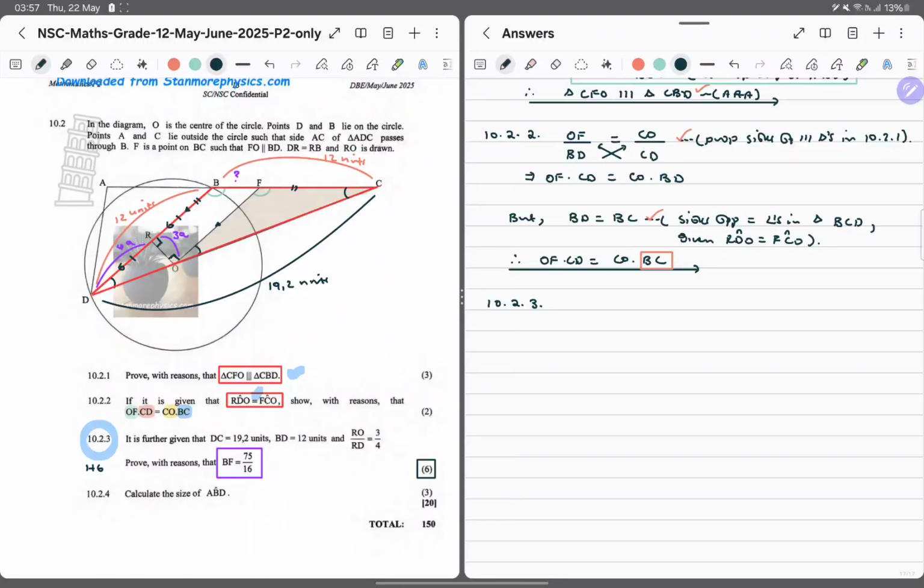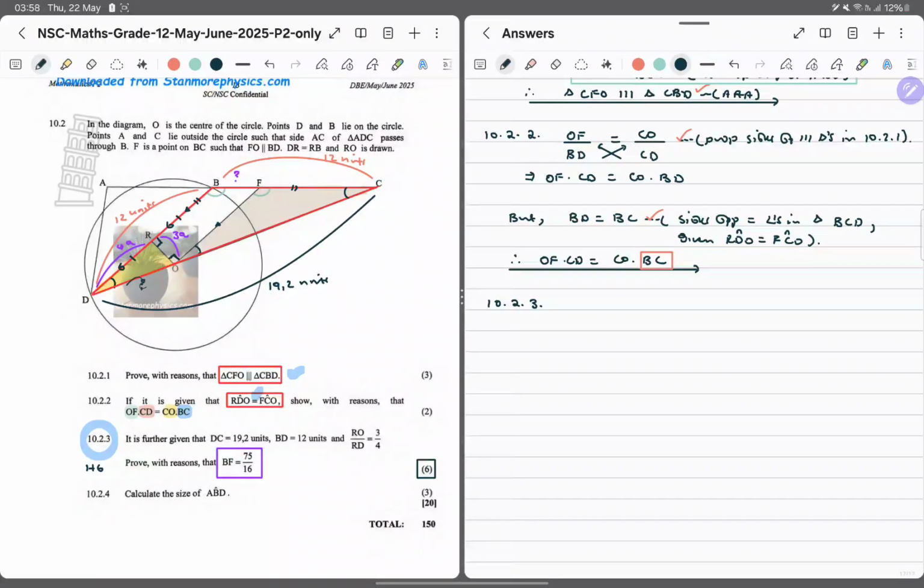For us to get here, we will also need that DO. So look at this triangle right here, ROD, it's a right-angled triangle because of this statement.